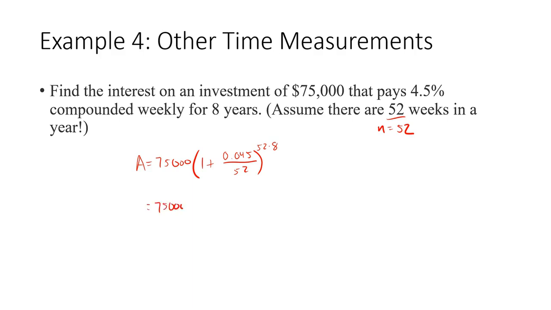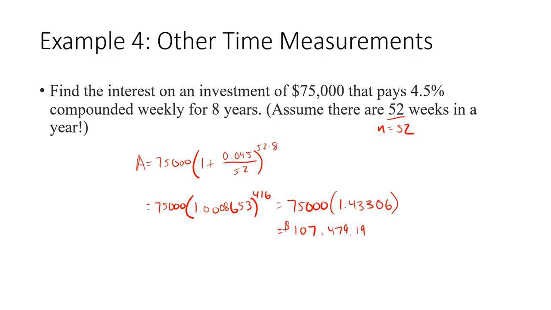That's 75,000 times 0.045 divided by 52 plus 1, 1.000653 raised to the 52 times 8, which is 416 power. 75,000 times 1.000653 to the 416th power, 1.43306. If we multiply that by 75,000, 107,479.19.